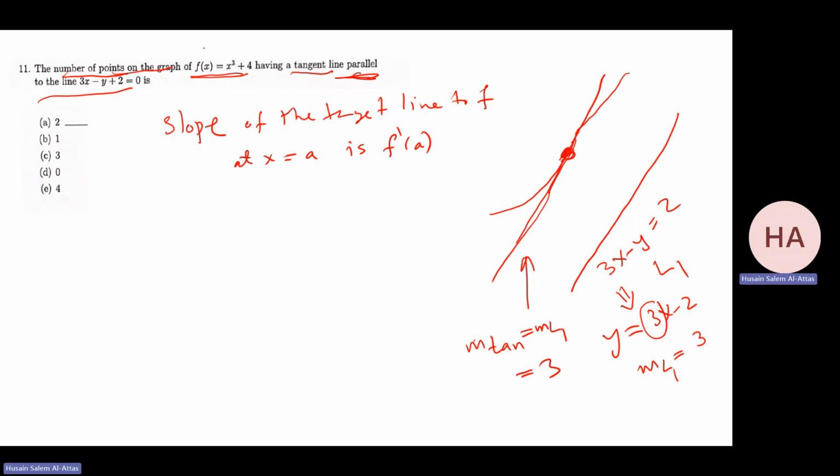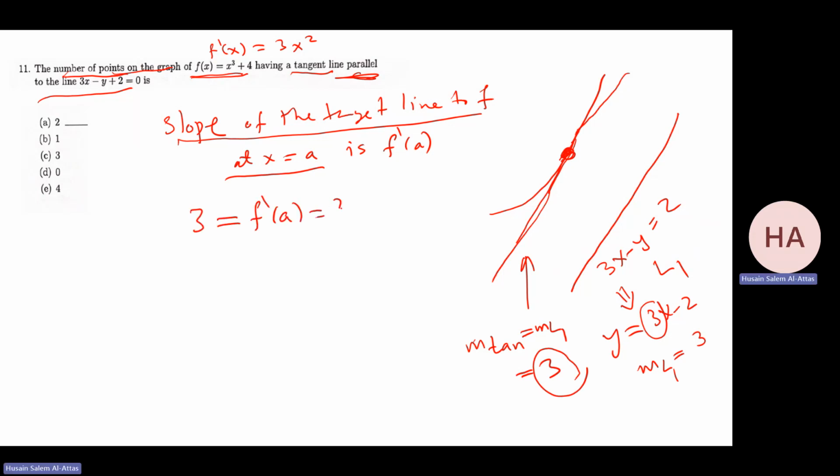Can I find f prime? Yes. F prime is what? 3x squared. So the slope of the tangent line of this is what? I got the slope is 3. So 3 equals what? F prime at a, which is 3a squared. So that means 3a squared equals 3, so a squared equals 1, so a equals plus or minus 1.